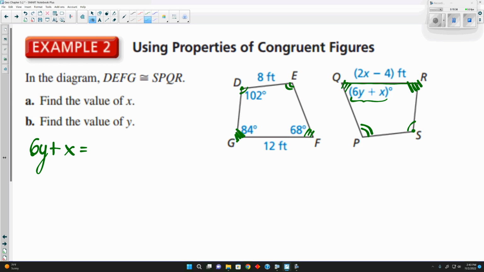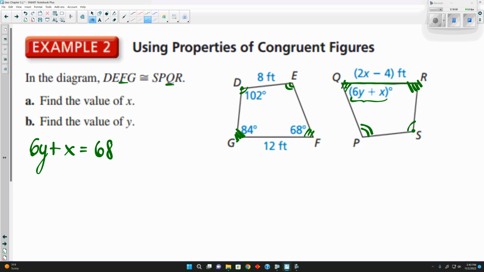Because D, E, so Q is where we were at. Q was the third, so it should be F, which is 68. Thank you. Because I would have messed all the numbers up at the very end. Any other questions on this here?